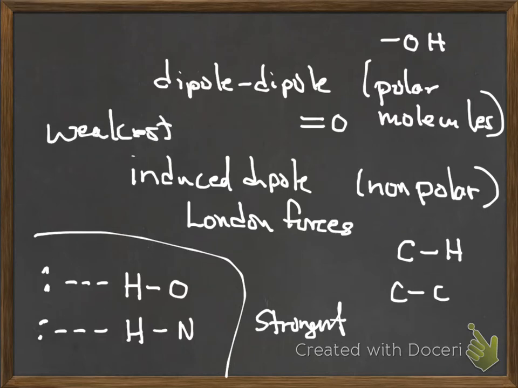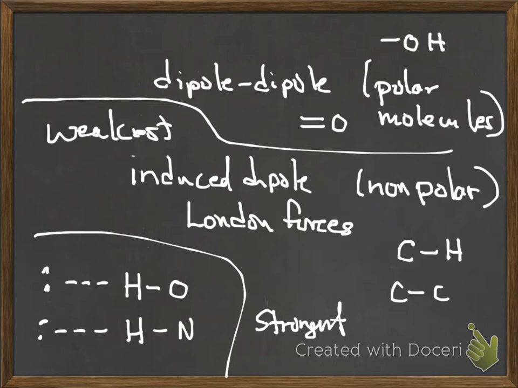But the thing that induced dipole has going for it is it depends on molecular weight. So the bigger the molecular weight, the bigger the induced dipole. Some big biomolecules get molecular weights up in the millions, they have a gigantic induced dipole. So not all molecules have a dispersion?